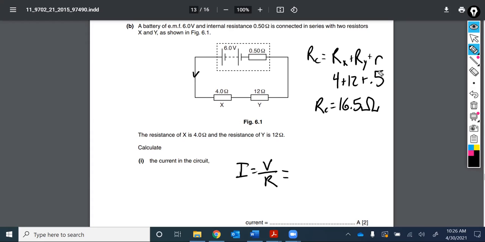So we've already accounted for the internal resistance by summing that into our circuit resistance. So we've got the 6 volts of e.m.f divided by the 16.5 ohms of resistance. A volt per ohm is an amp. And 6 divided by 16.5, I'll also do mentally, it's 0.36 repeating, of course.